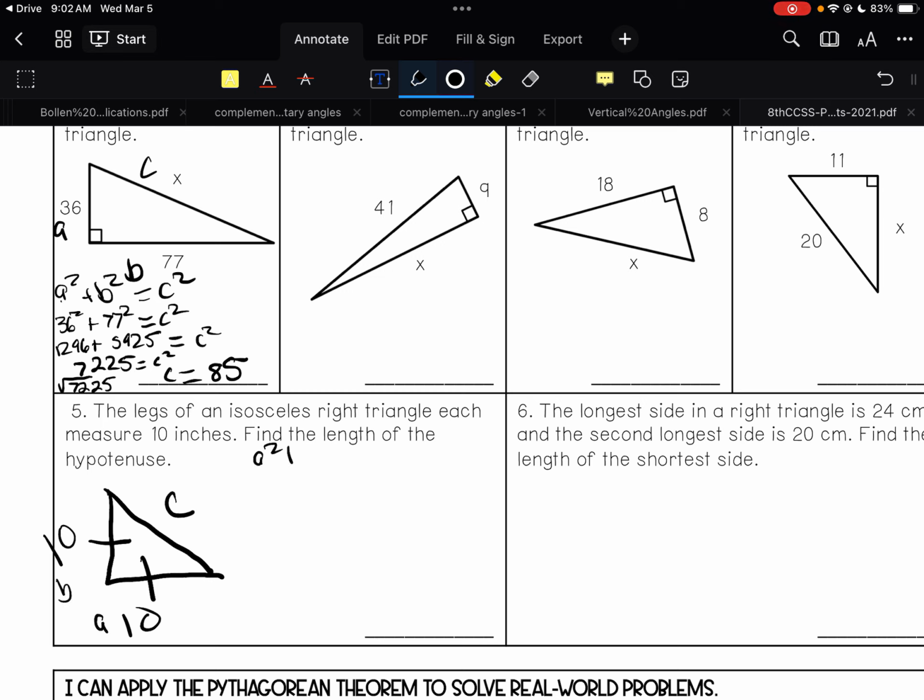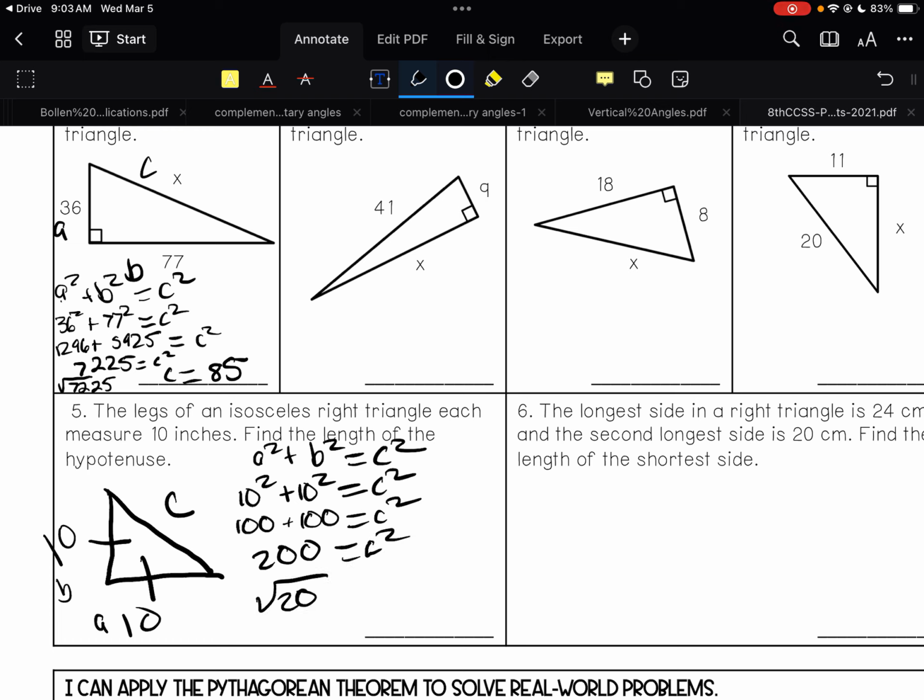So you get A squared plus B squared equals C squared. You get 10 squared plus 10 squared is equal to C squared. 100 plus 100 is equal to C squared. 200 is equal to C squared, and then the square root of 200 is equal to C, which is 14.1.